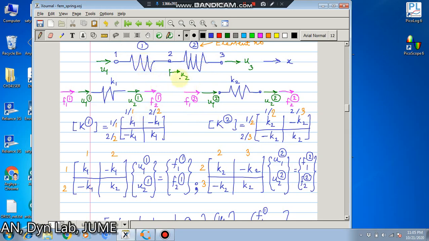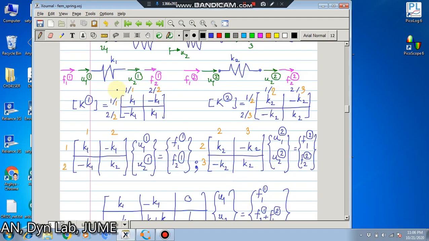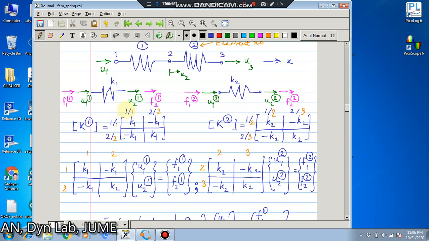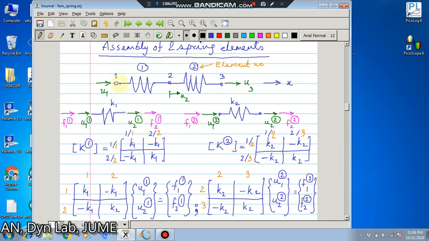Each of these elements has a 2 by 2 element stiffness matrix, but the whole system will have a 3 by 3 system stiffness matrix. Now just note the blue one and the orange one. The degree of freedom 1 here has gone to degree of freedom 1 here, and degree of freedom 2 here has gone to degree of freedom 2 here.